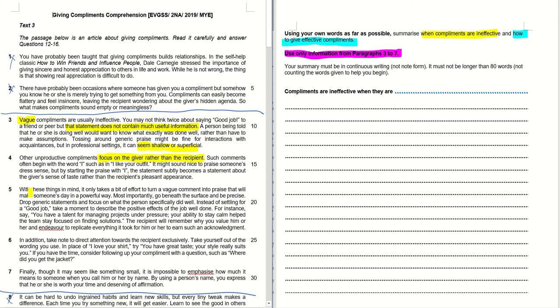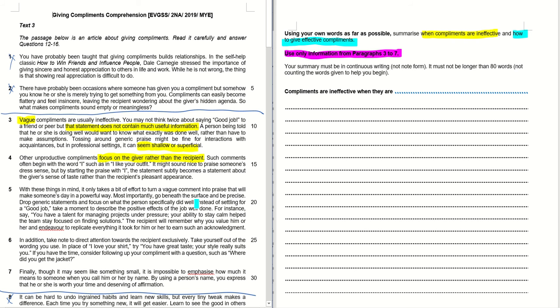Now, paragraph 5. With these things in mind, it only takes a little bit of effort to turn a vague comment into praise that will make someone's day in a powerful way. That tells me that the following information will be how to give effective compliments. So I'm going to change to another color.